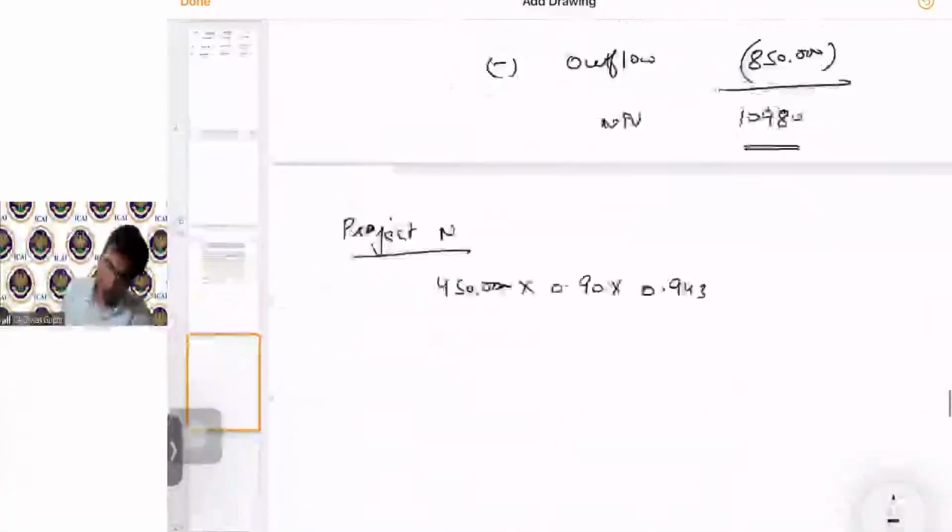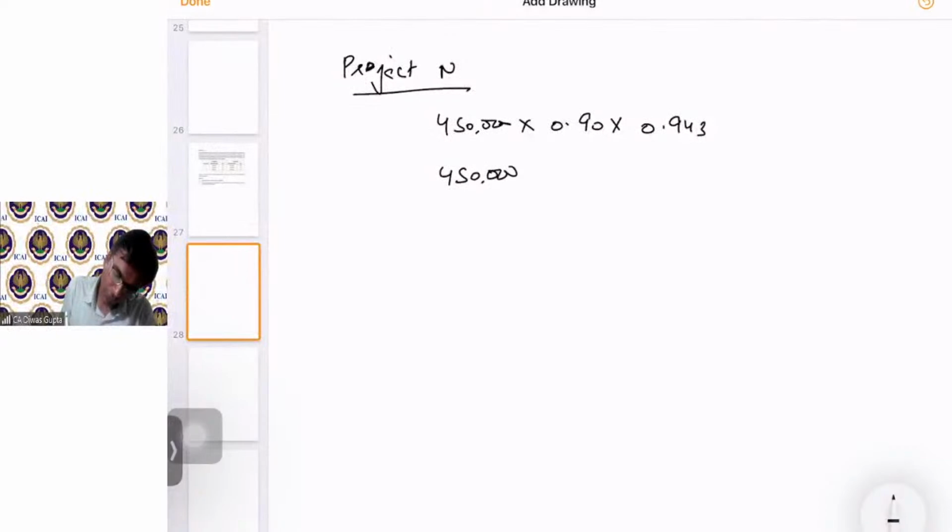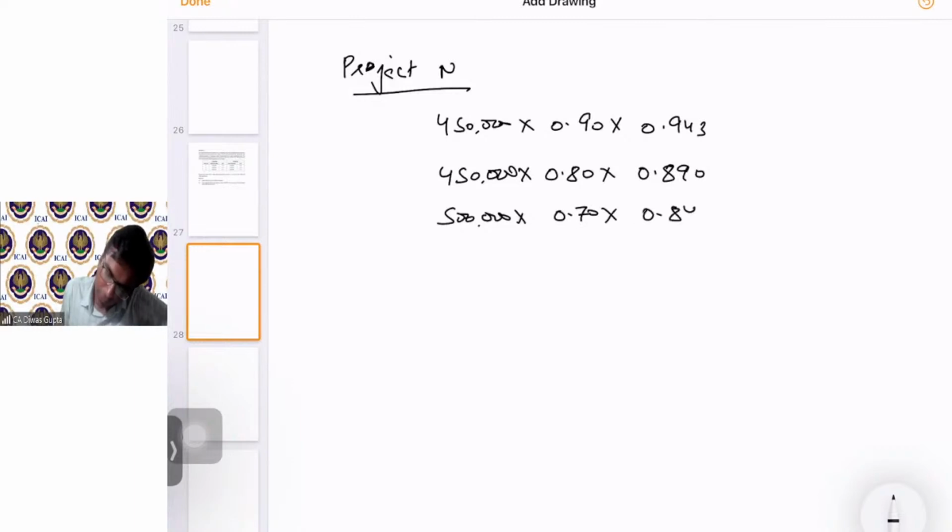Correct? Then again, year 2, 450 multiplied by 0.80, 0.890. Then again, 5 lakhs multiplied by 0.70 multiplied by 0.840.